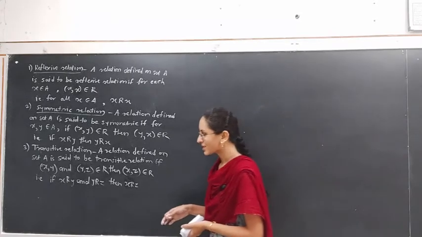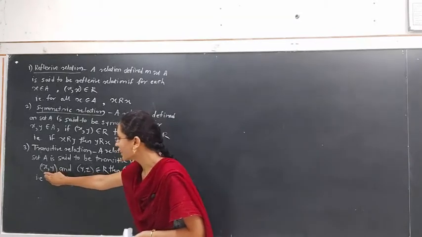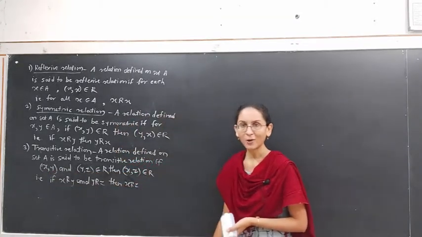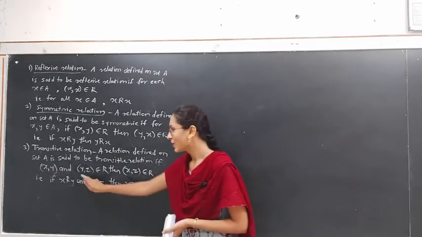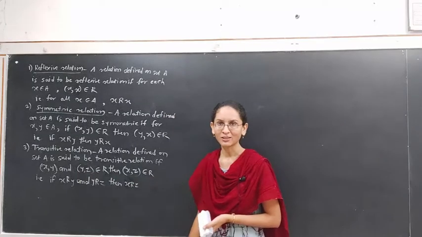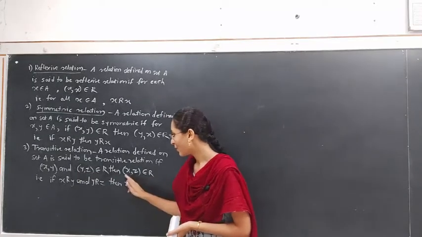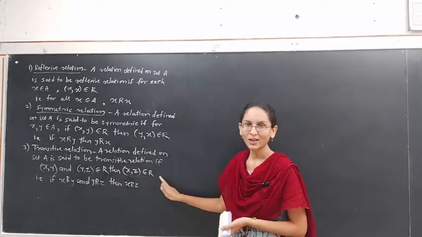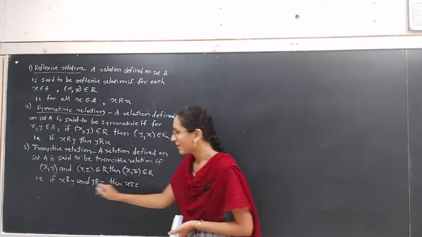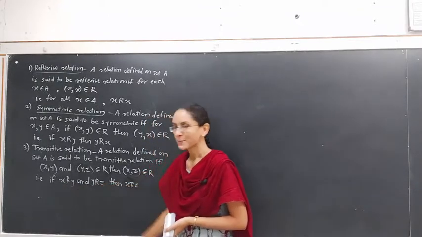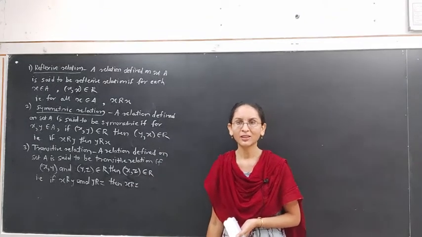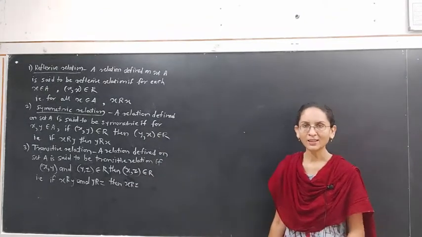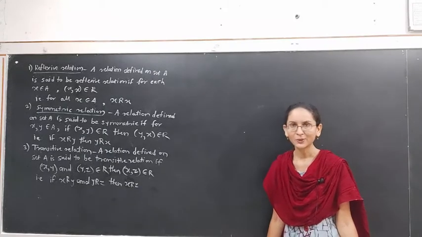If we have x related to y, that is the ordered pair (x, y) belongs to set R, and also the ordered pair (y, z) belongs to R, then we have the ordered pair (x, z) belongs to R. What is the meaning of this? If x is related to y and y is related to z, then we must have x related to z. Then only we say that the relation is a transitive relation.